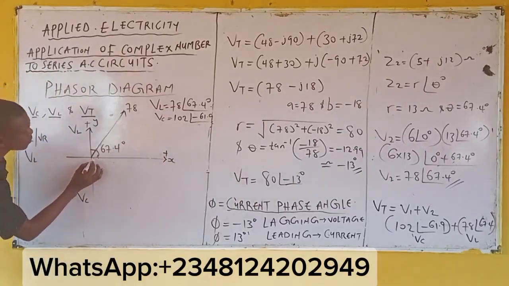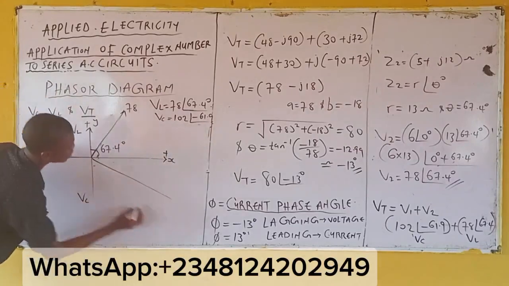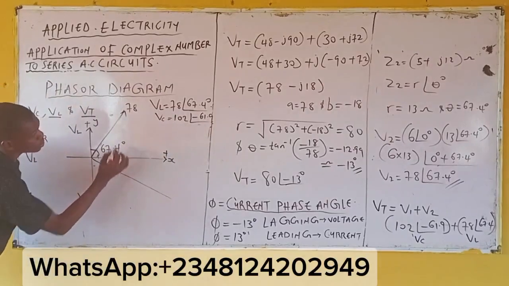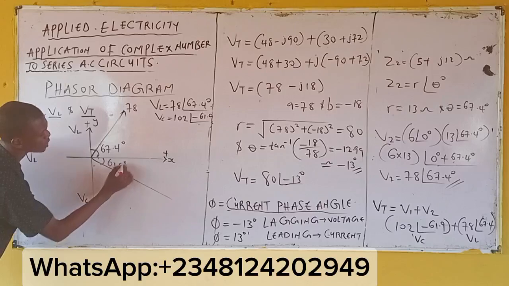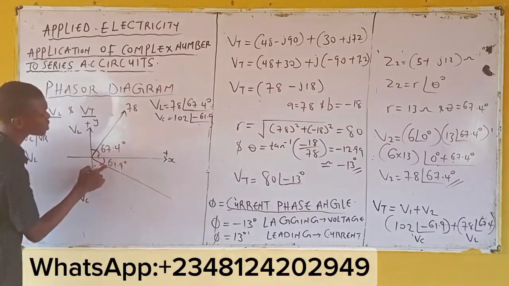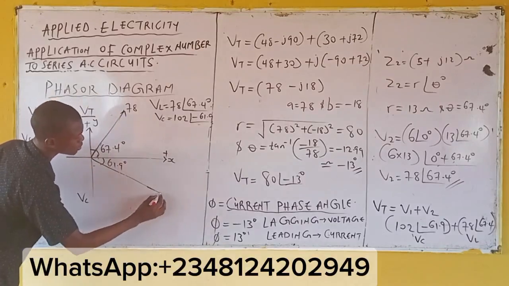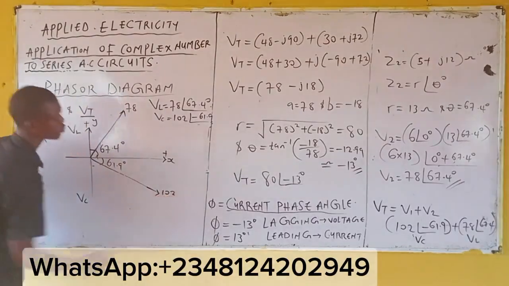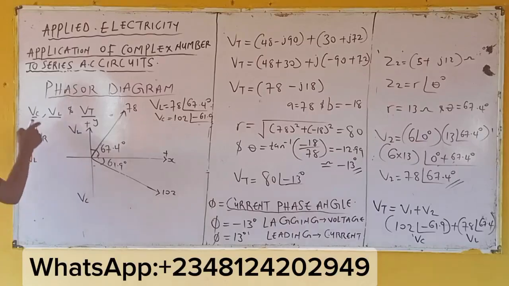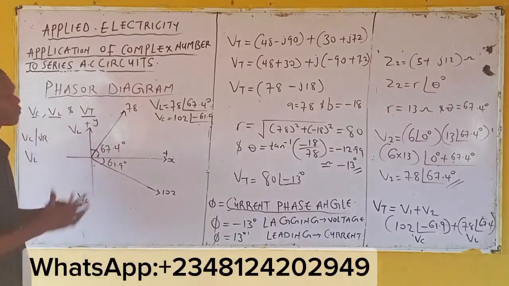So let's say we have 61.9 degree. What's giving you 61.9 degree? 102, right? 102.